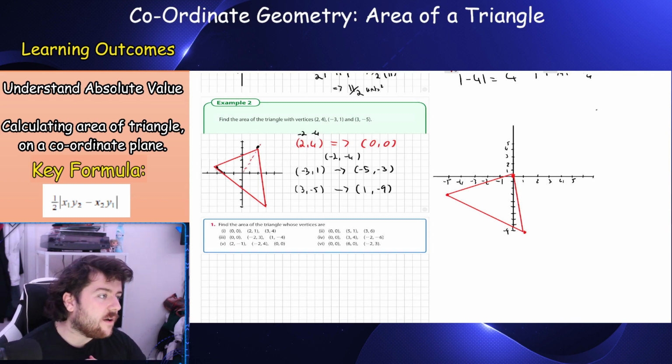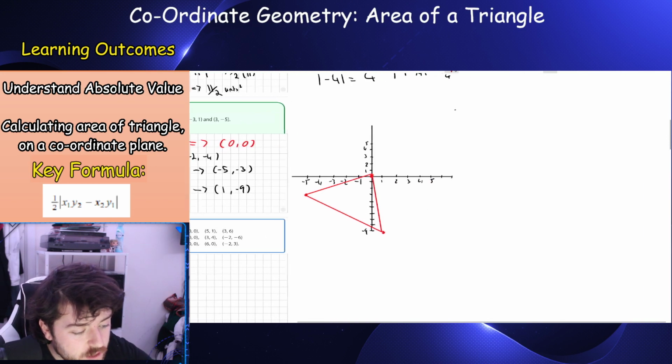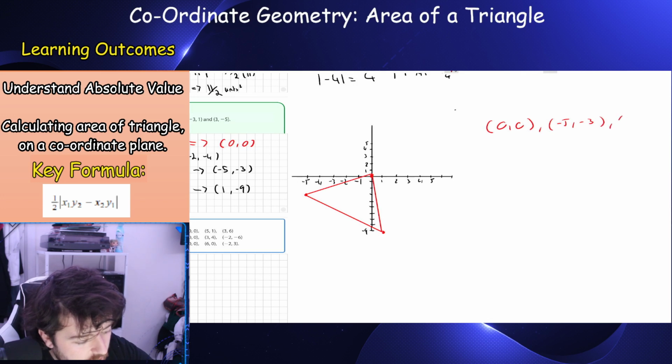I do have to reiterate, I didn't do this to scale, but you can see it's basically the same shape but shifted down. So now my new vertices are 0, 0, minus 5, minus 3, and 1, minus 9.